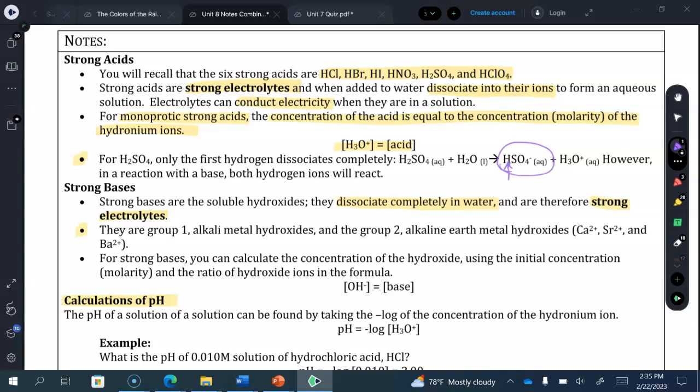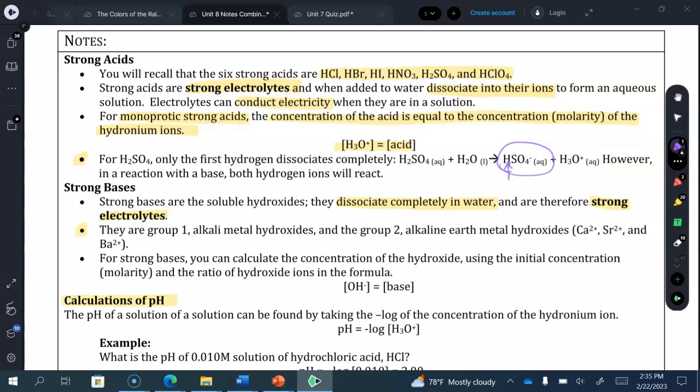Strong bases are soluble hydroxides. They dissociate completely in water and are therefore strong electrolytes. They are group 1 alkali metal hydroxides and group 2 alkaline earth metal hydroxides, which only include calcium, strontium, and barium.